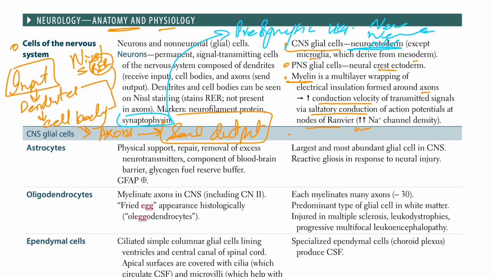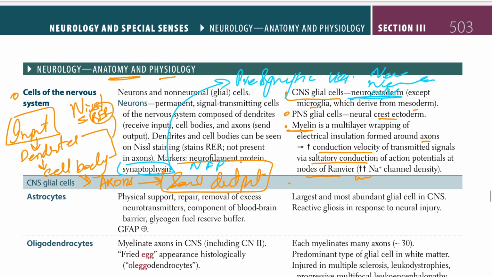So the way you can think about how do you know the neurons will have synaptophysins or the NFPs, which is neurofilament proteins. Well, one of the mnemonics that you can think of is, let me just write that here. That is that the neuron synapses, right? Close your eyes and think of a neuron. Does it synapse or cause muscle contraction?